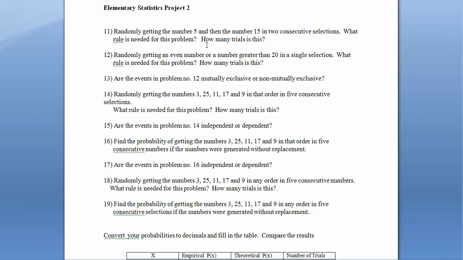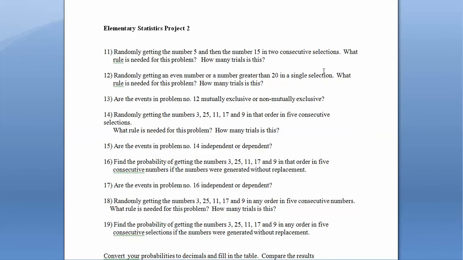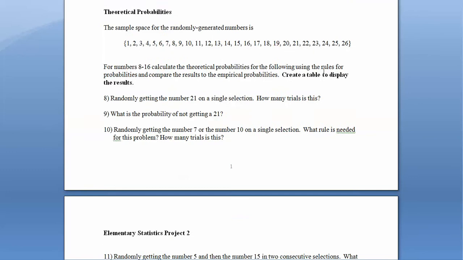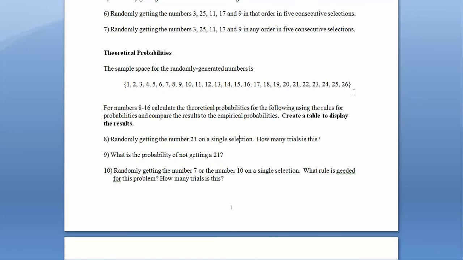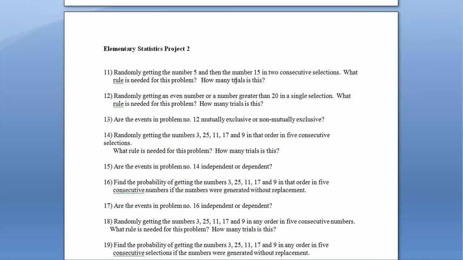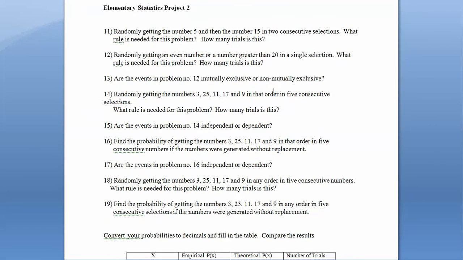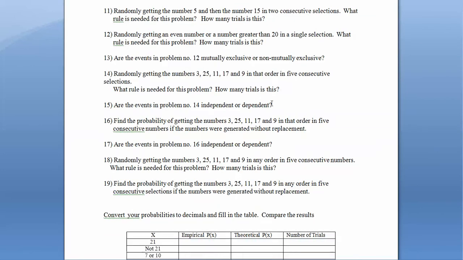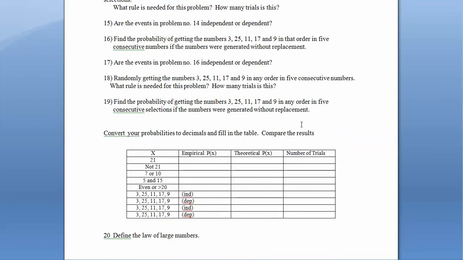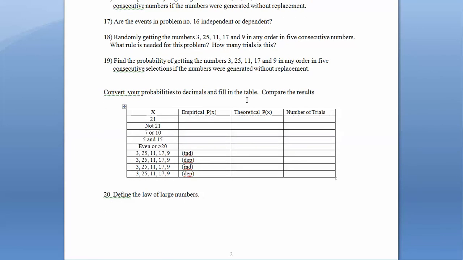Again, there's similar problems, 5 and 15. We're just looking at it now from a theoretical standpoint and this theoretical sample space approach. Okay, so again, you're still going to use the multiplication rules, same rules basically for these and so on. So do your best on those, and then this table at the end is there for you to put your answers.